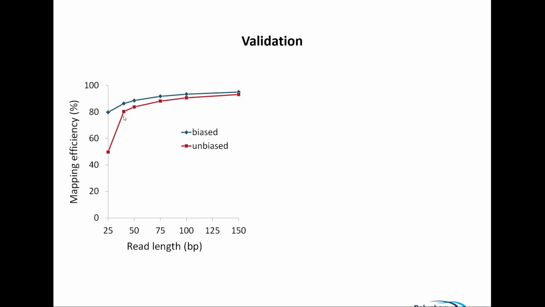They were around here. You can see that they are actually not very different to using 4-letter aligners, and right now we're probably more in the 100 to 150 base pair region. So the mapping efficiencies are not much worse than for normal alignments.